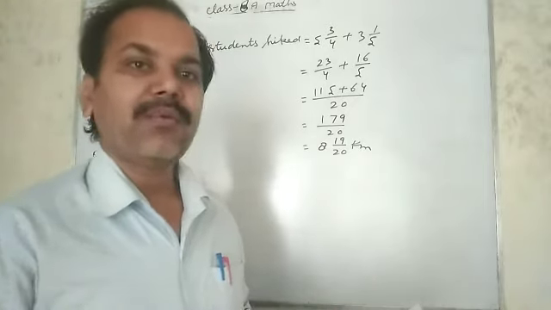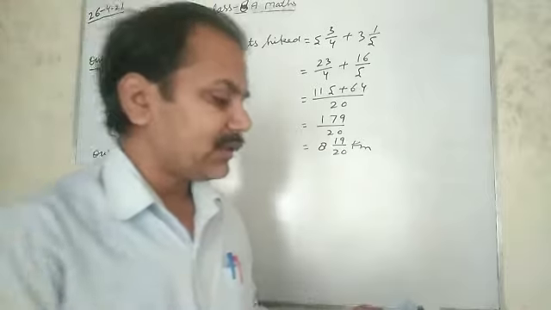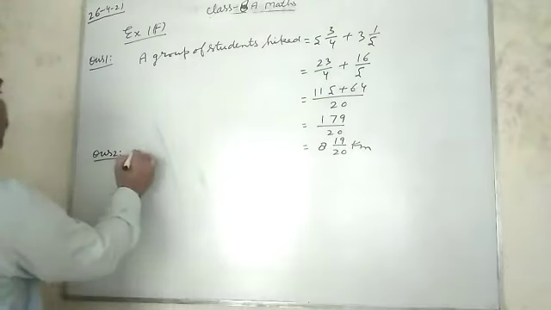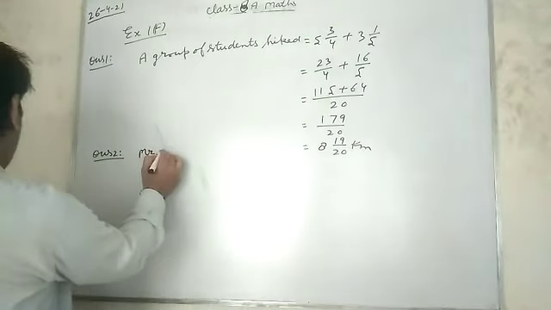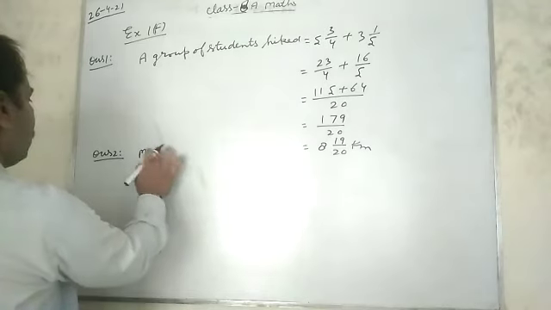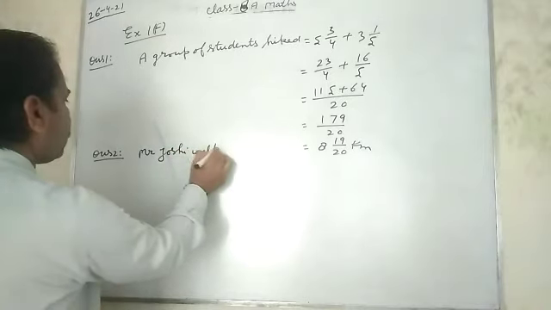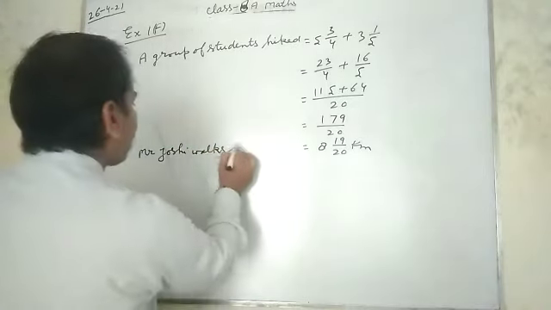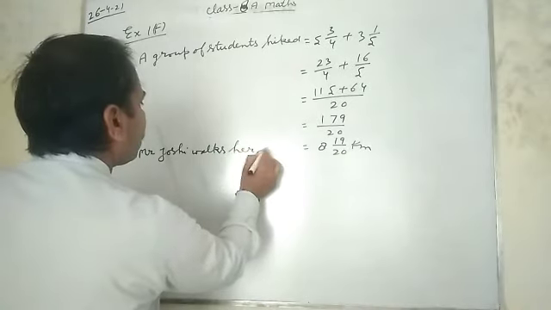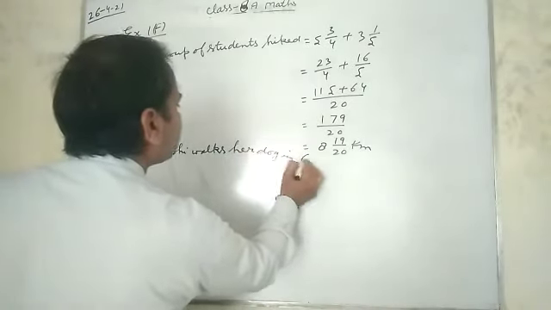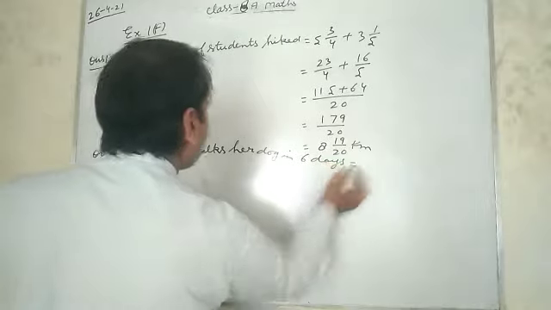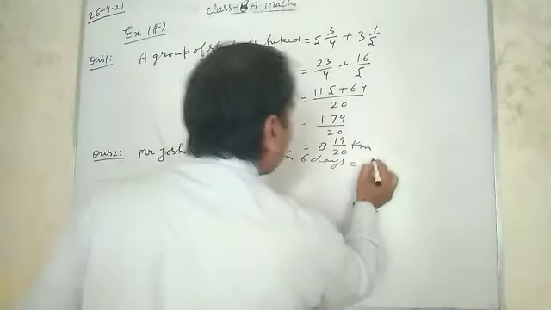So in one day 4 by 5 kilometers. So in 6 days, Joshi walks her dog in 6 days is equal to, so in one day 4 by 5 kilometer.